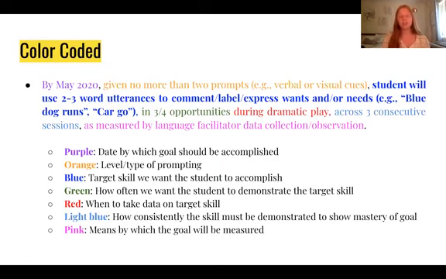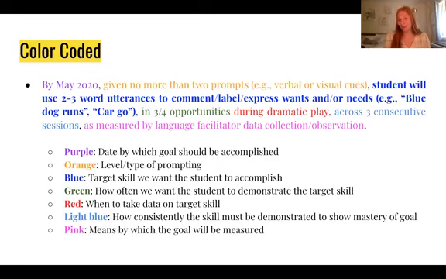And then a maximal cue is basically like you're giving them the answer, right? You're giving them all of the support you possibly could give them. So usually you're not going to see max prompts or cues in a goal, because that means you're basically doing it for the student.